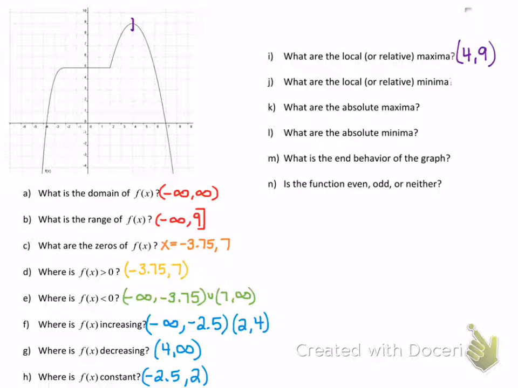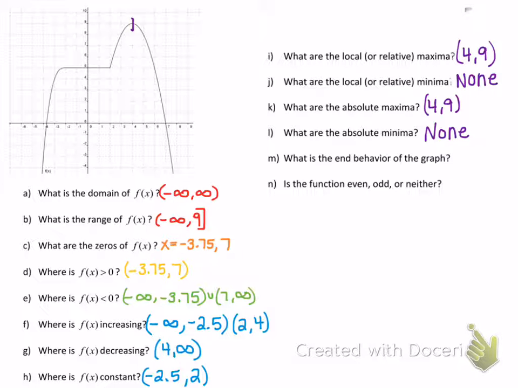And the minimums, well, there aren't any, so we write none or not applicable. And then are there any absolute maxes? Well, that max is the absolute max, so I'm going to write it again. And if there aren't any relative or local minimums, then there aren't any absolute ones either.